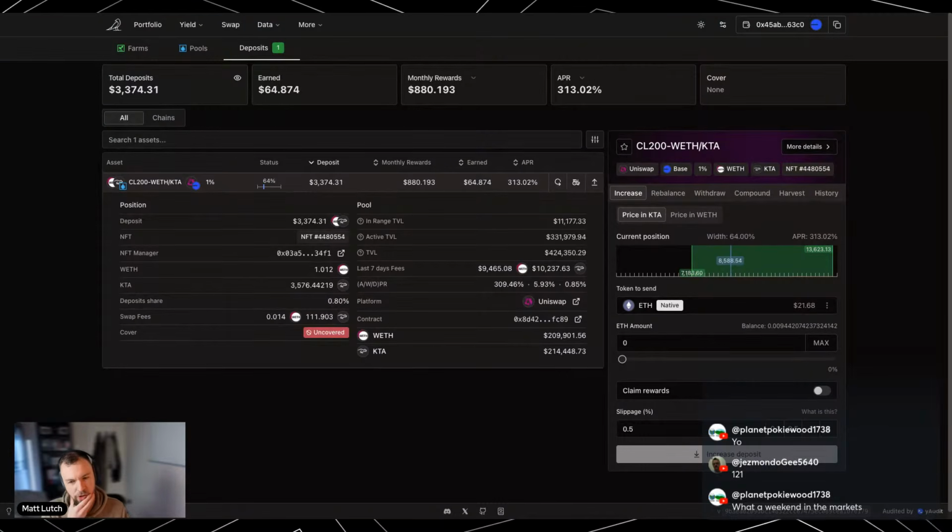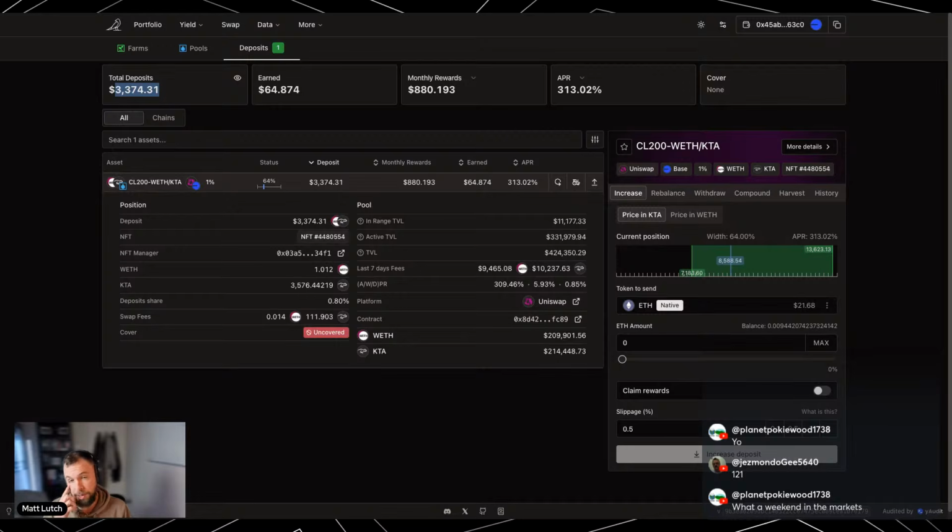Not too shabby. It's around 3,300. People will say, well, Matt, at the start of putting this pool open, what happened was you had more dollar value. And that is true. I had more dollar value.